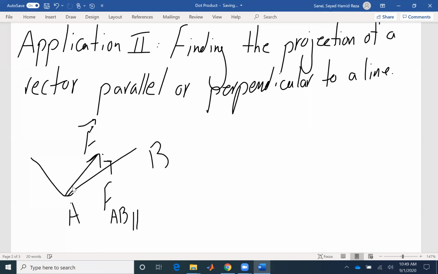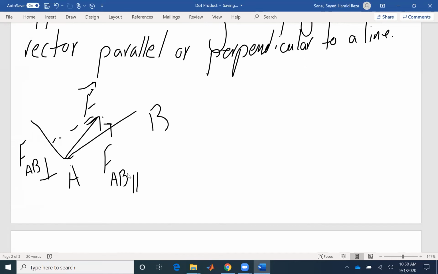That's the parallel component. Also the projection of vector F on the line perpendicular to line AB. So F AB perpendicular would be this line. Parallel and perpendicular. If you have a force F, you're going to use dot product to find it.